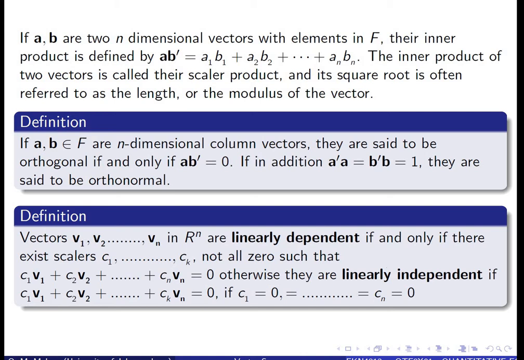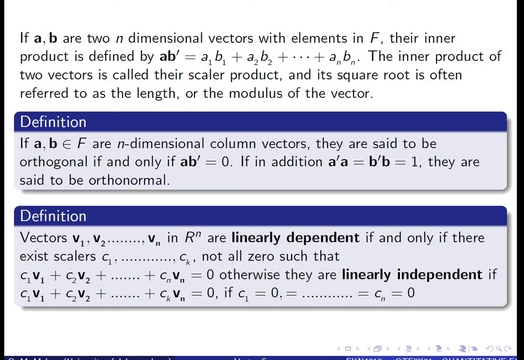Vectors v_1 to v_n in R^n are linearly dependent if and only if there exist scalars c_1 all the way to c_n, not all 0, such that c_1 v_1 plus c_2 v_2 all the way to c_n v_n is equal to 0.